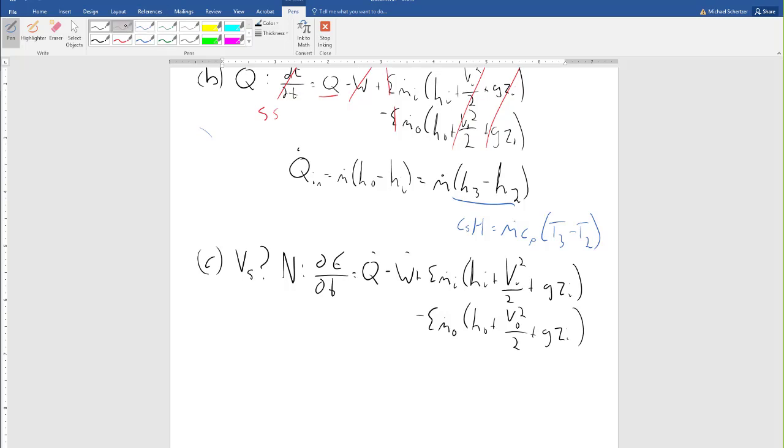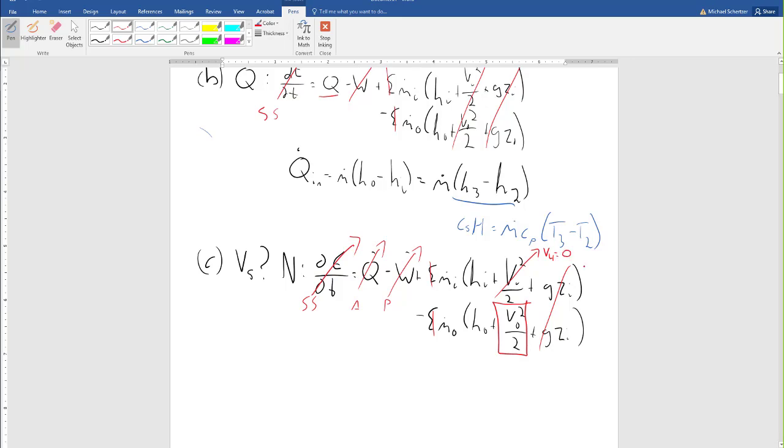The thing that I'm trying to find here is V out squared over 2, a kinetic energy term related to the velocity at the outlet. We're going to assume that the nozzle is at steady state, adiabatic, passive, one inlet, one outlet. We're going to neglect kinetic energy changes, and also assume that V4 is equal to 0.